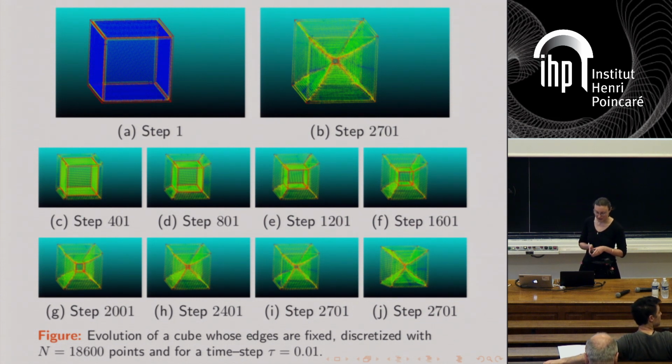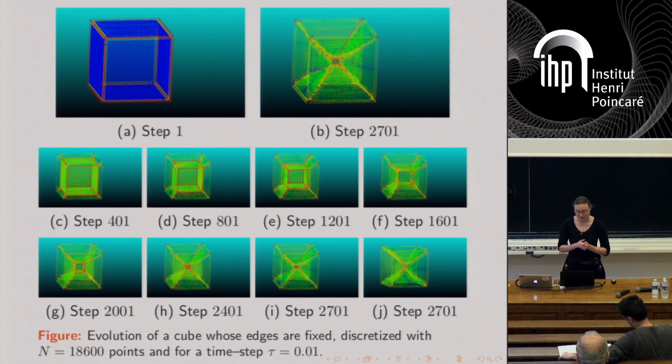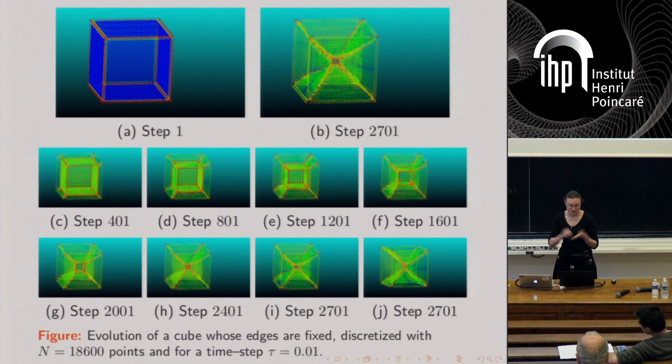And you ask yourself if, when computing your discrete flow, you will converge to something that looks like the Brakke cube. That is expected to be a minimizer of the Plateau problem, so that it minimizes its area when attached to the edges.